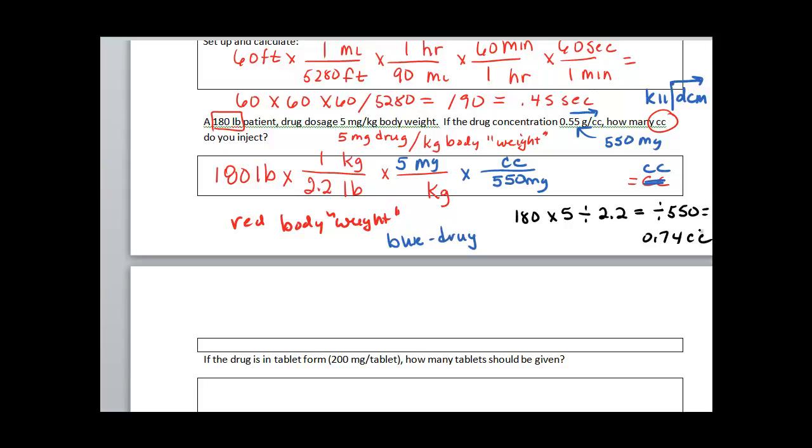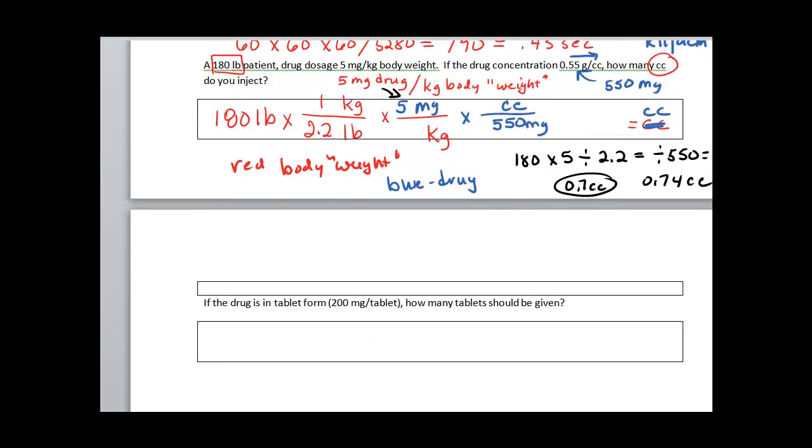And actually 0.7 cc's when you look at significant digits would probably be appropriate. This you could use like an insulin syringe, which might be a 1 milliliter syringe, and it should be lined off in at least tenths, maybe even hundredths.